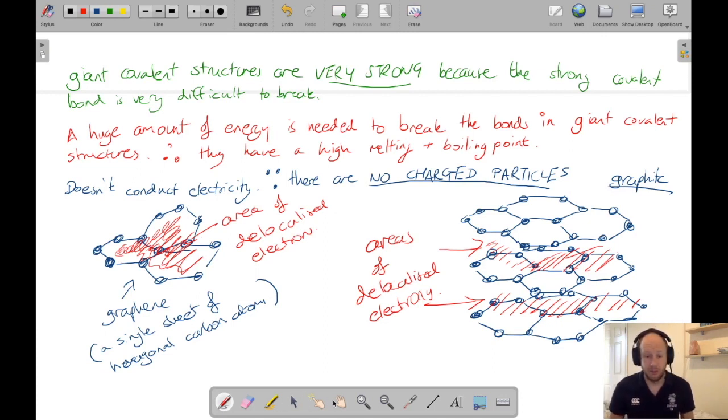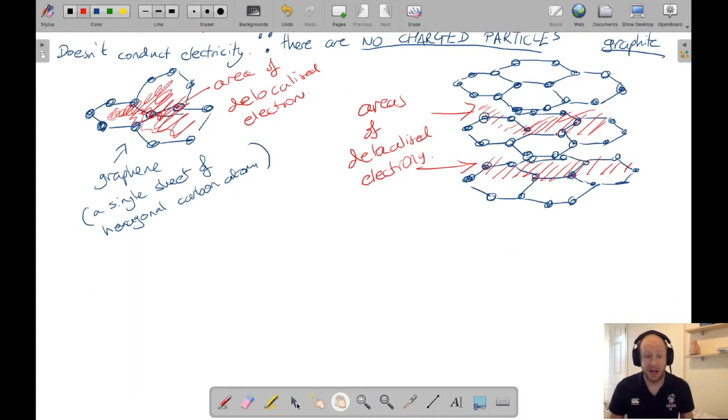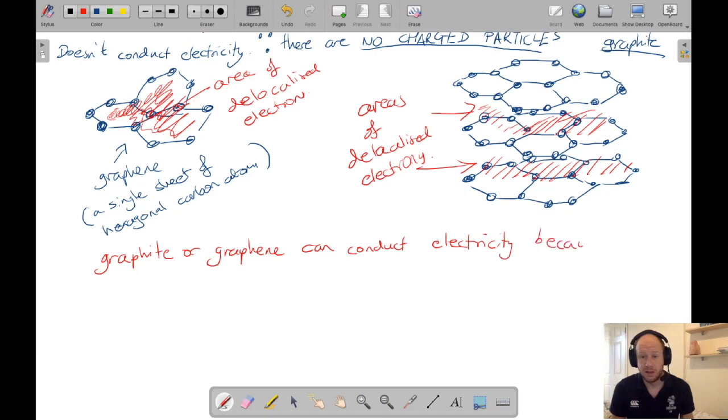So for the vast majority of covalent compounds, they do not conduct electricity. But if you have a question about graphite or graphene, then you need to say that graphite or graphene can conduct electricity because it has an area of delocalized electrons.